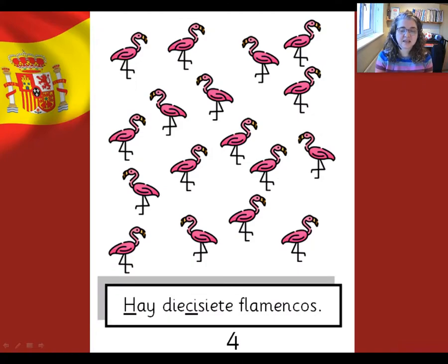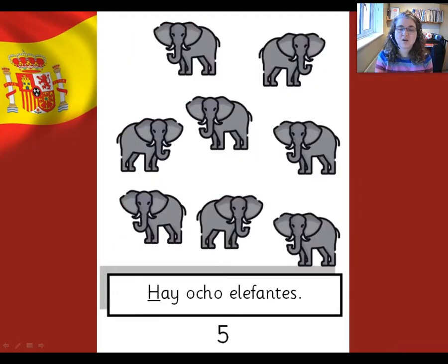Hay 17 flamencos. What is there next in this animal park? There are 17 flamingos. Hay 8 elefantes.